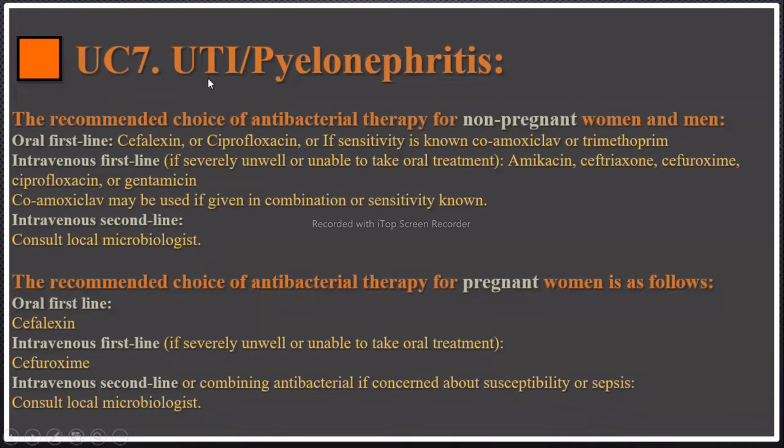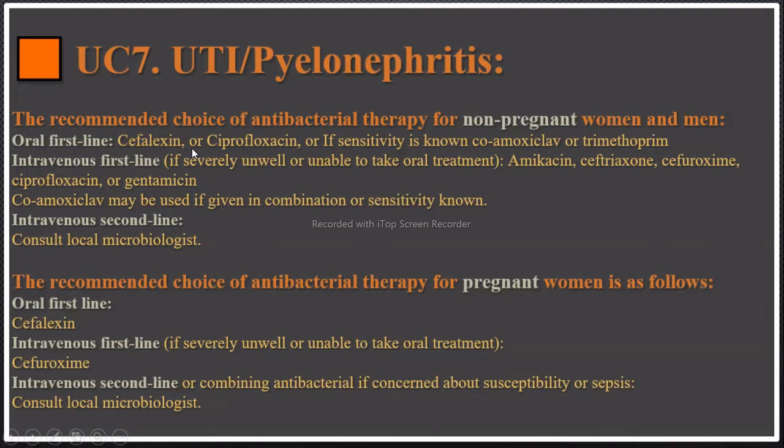Now we are talking about lower or upper? Upper. Okay. So condition number 7, we are talking about UTI, pyelonephritis. We are talking about upper. We finished already lower. The recommended choice for antibacterial therapy for non-pregnant women and men, both of them. So here, oral first line cephalexin.